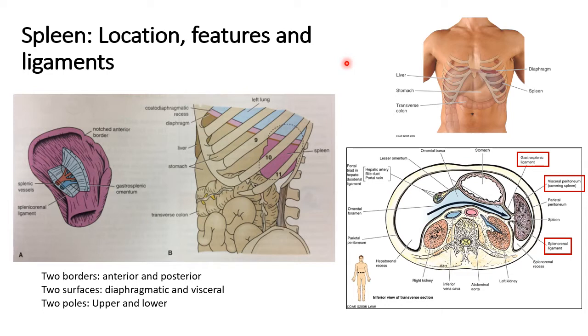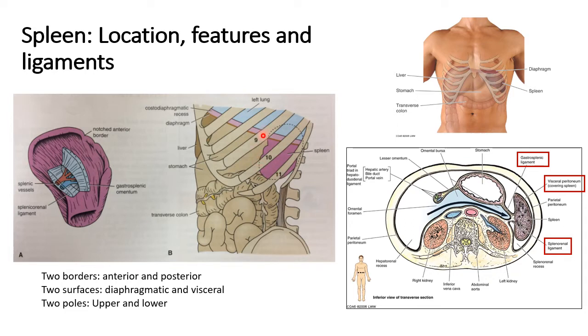We start with the spleen. So the spleen is the largest lymphoid tissue organ in the body. It's found in the left hypochondriac region of the abdominal cavity, and as you can see, this is the lateral view of the abdominal cavity, where you see the spleen related to the 9th, 10th, and 11th ribs.